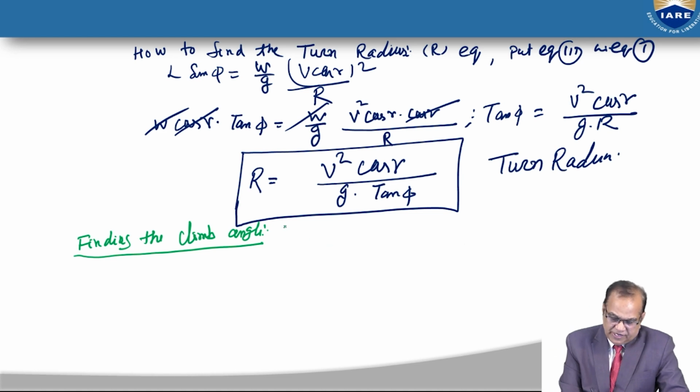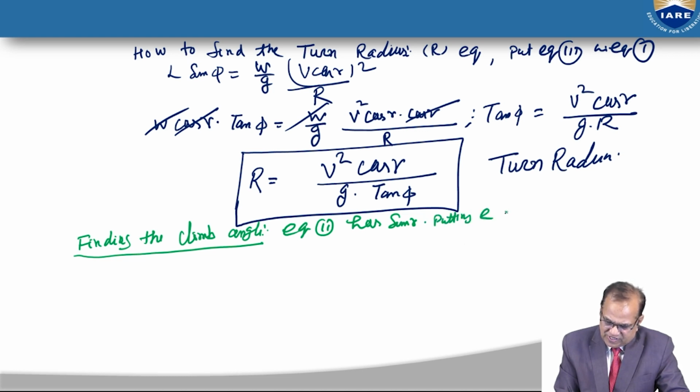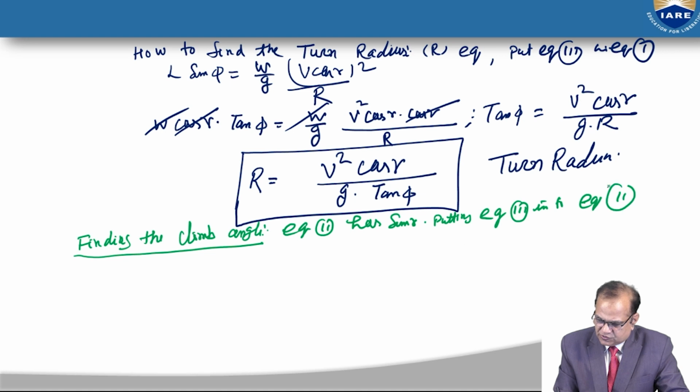So now we have to use equation 2, which has sin gamma. Putting equation 3 into equation number 2, the value of CL we have to put here.